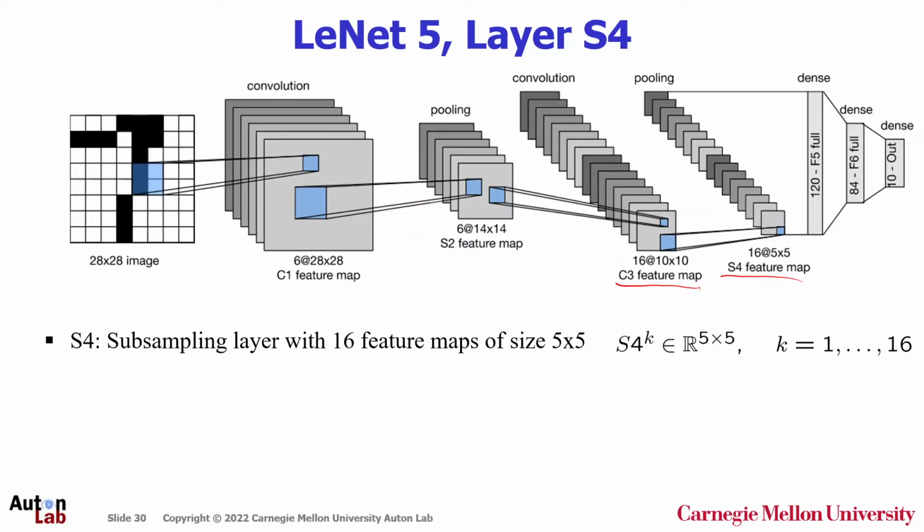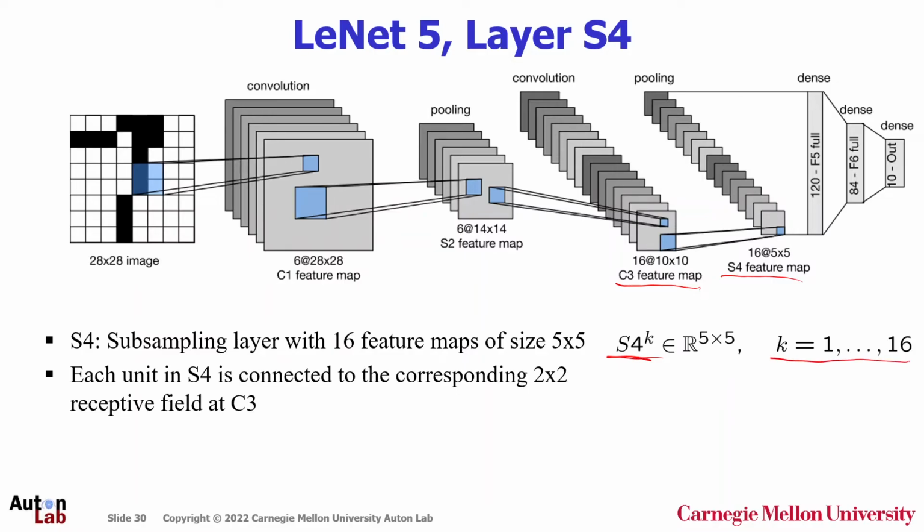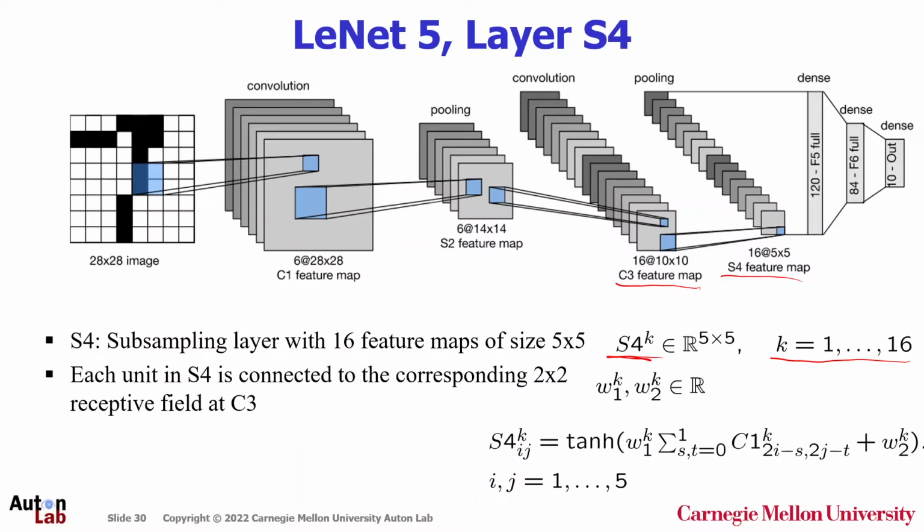These feature maps are denoted by S4k, where k is going from 1 to 16. Similarly as before, we partition the feature maps of C3 into 2 by 2 blocks, and then we simply add the elements in each block, multiply this with W1k, and then add the bias term W2k, and finally we apply a tanh activation function on this.